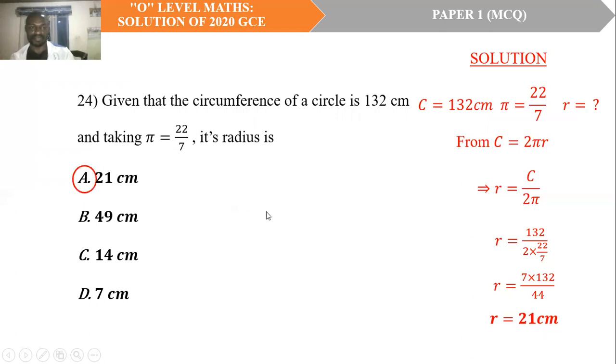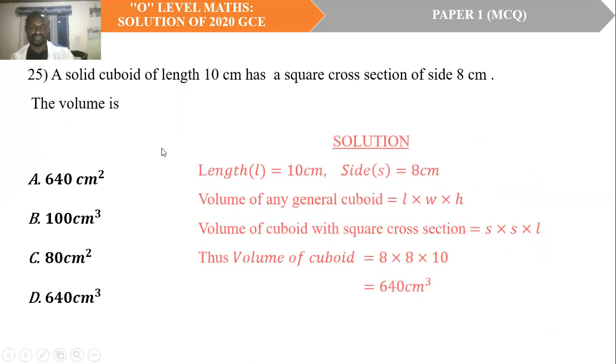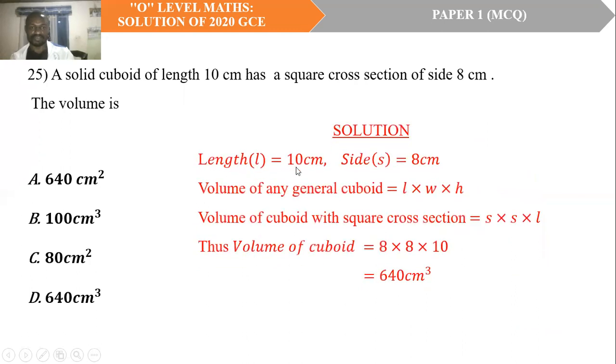Answer A. Question 25. A solid cuboid of length 10 centimeters has a square cross section of side 8 centimeters. The volume is... Solution. Length is equal to 10 centimeters, the length of that cuboid. The height is 8 centimeters. Volume of any general cuboid is length times width times height.